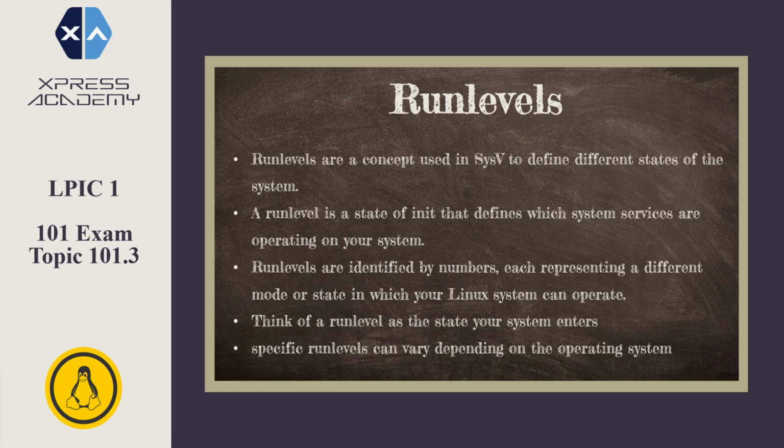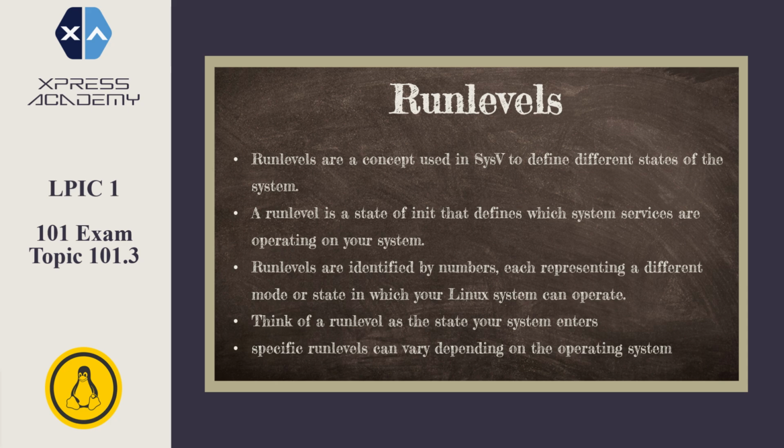Think of a run level as the state your system enters. For example, if the system is in single user mode, it will be in run level 1, whereas if it's in multi-user mode with a graphical interface, it will be in run level 5. Essentially, a run level is a preset single-digit number that defines the operating state of your Linux or Unix-based system.